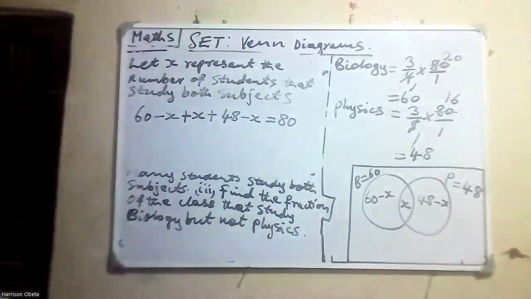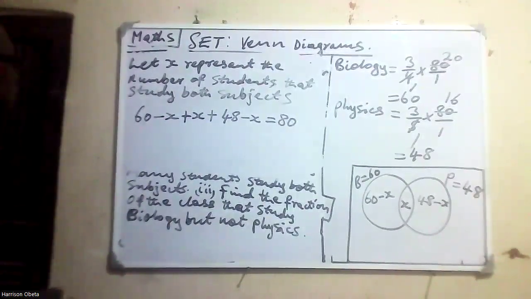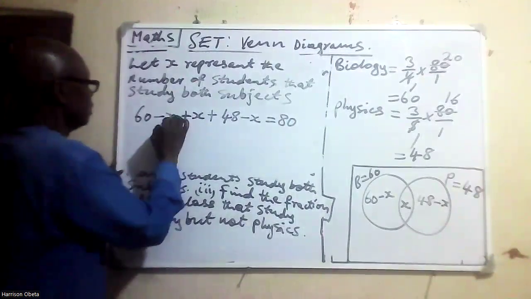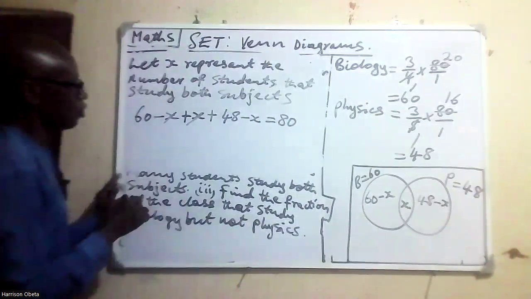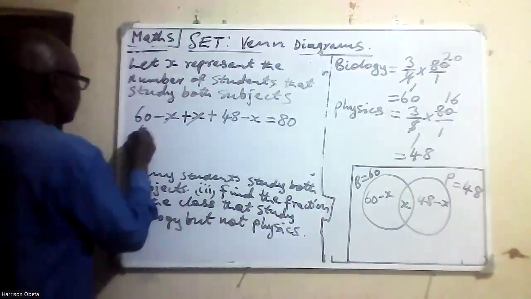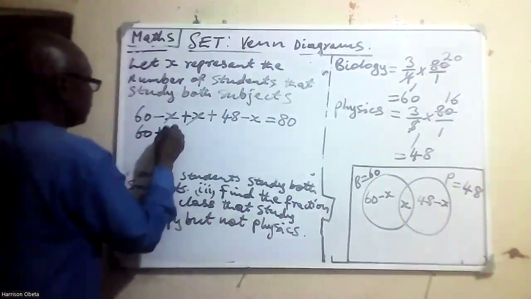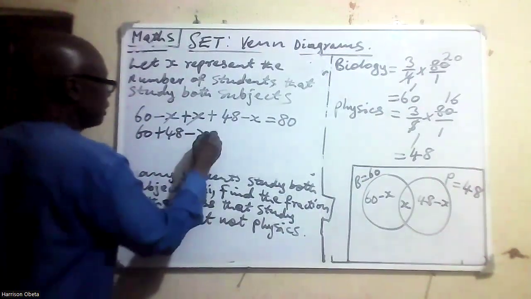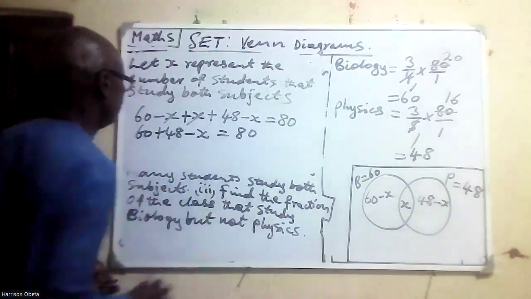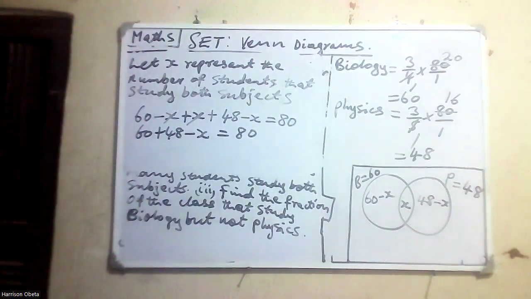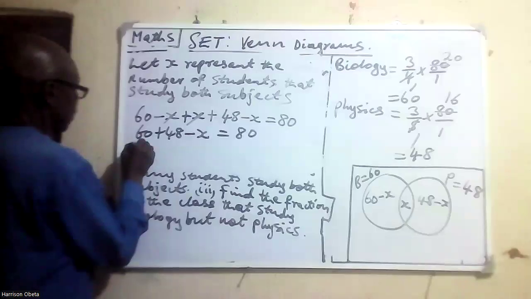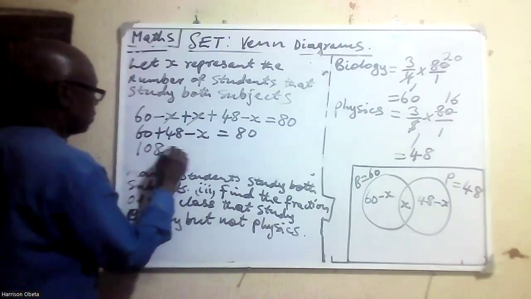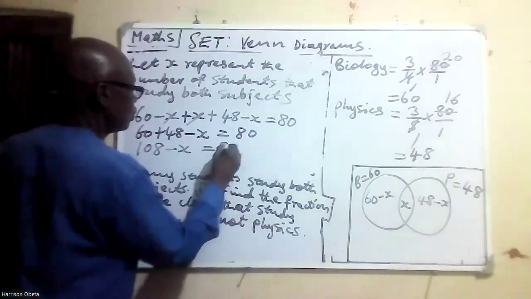That is everything here plus this will give us 80. The next thing for us to do is to try and collect like terms. So minus x plus x is 0, and that will be 60 plus 48 minus x equal to 80. And if we add, this will give us 108 minus x equal to 80.